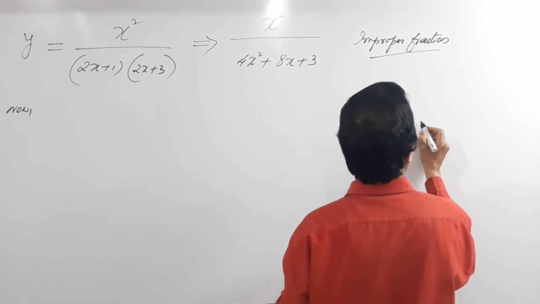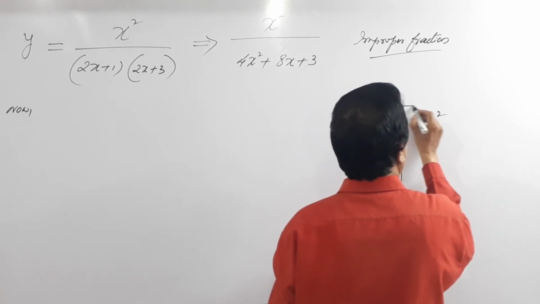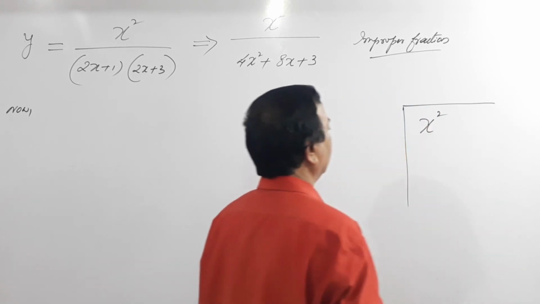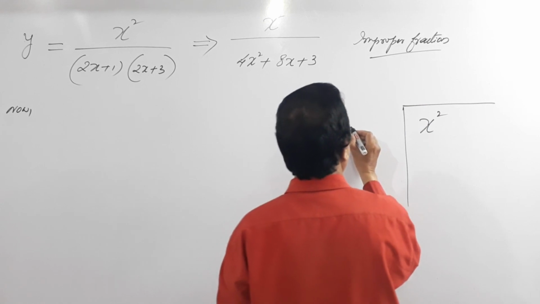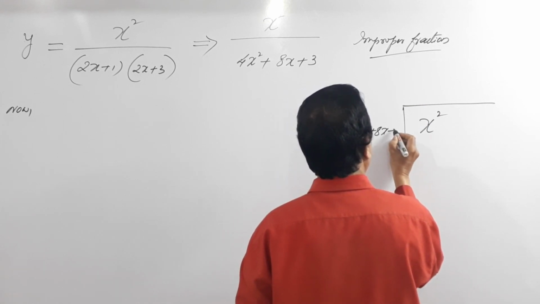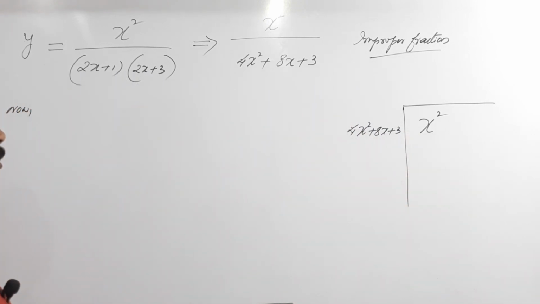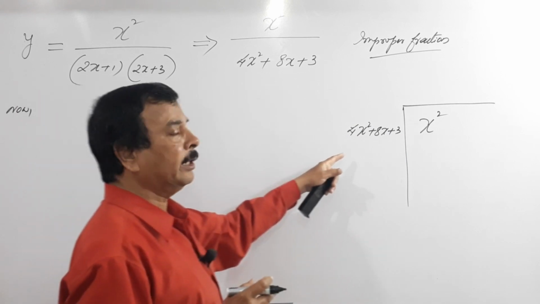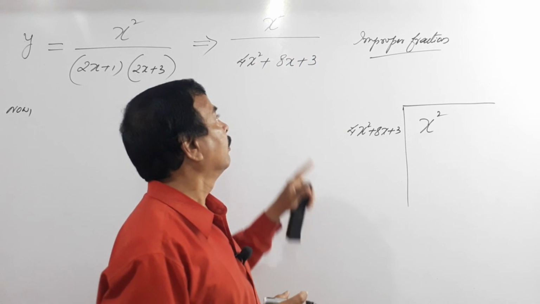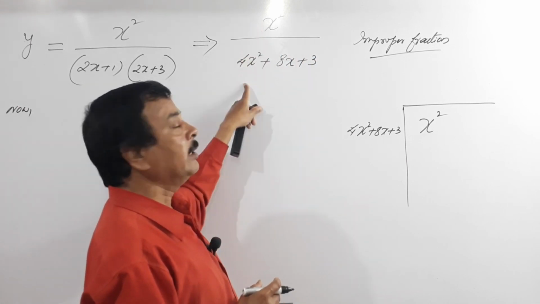I'll take x square and 4x square plus 8x plus 3. Straight away it is not possible to divide, so I will divide and multiply this by 4, because I need to get 4 here so that I can easily divide this.